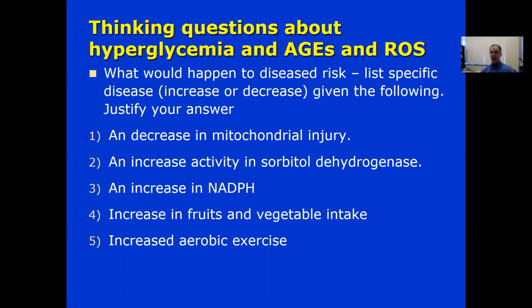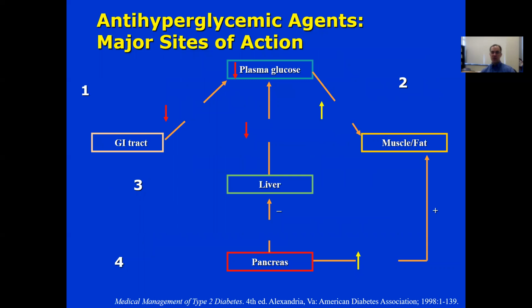All right, so how can you treat hyperglycemia to help reduce AGEs and reactive oxygen species? There are some anti-hyperglycemic agents, in other words, blood glucose lowering drugs, and the idea is to decrease the plasma glucose.